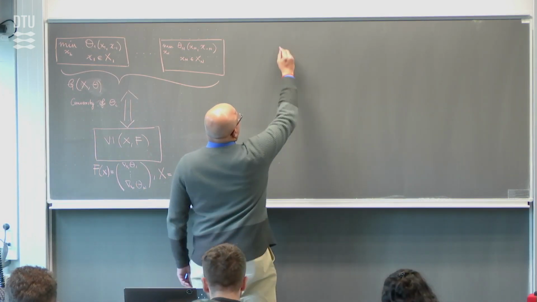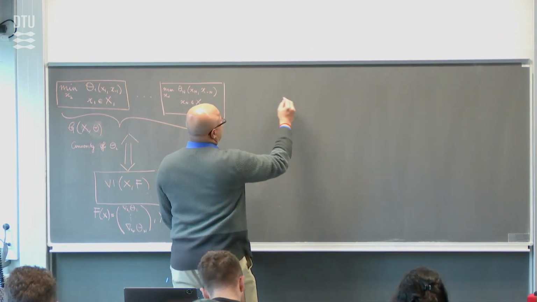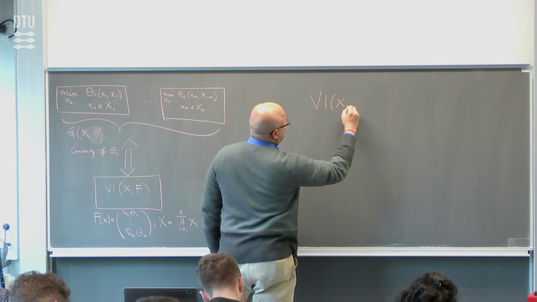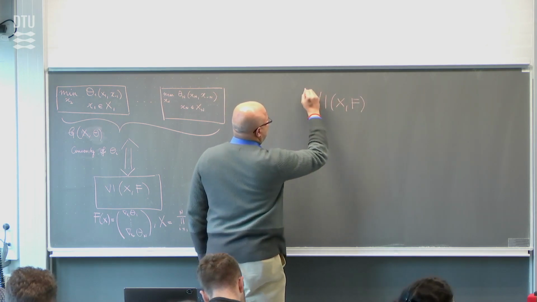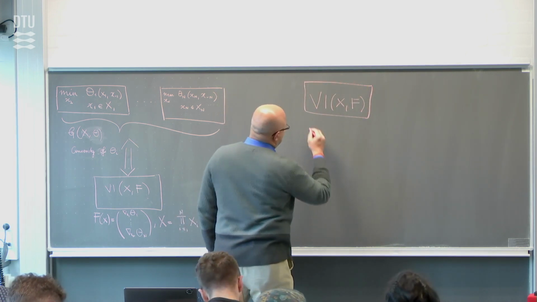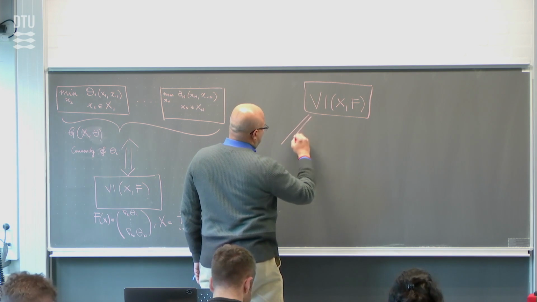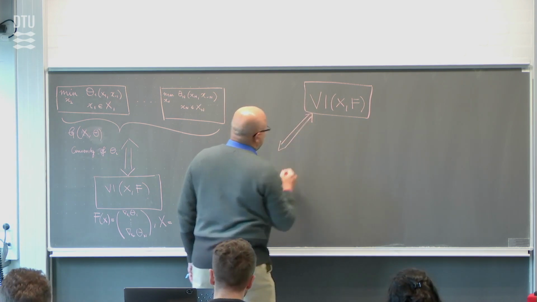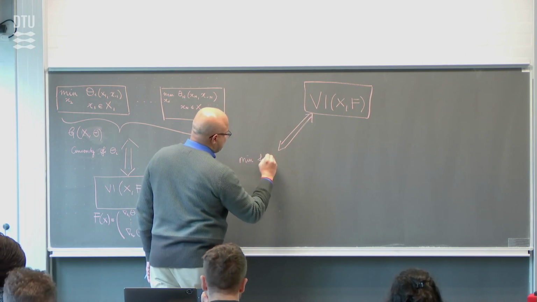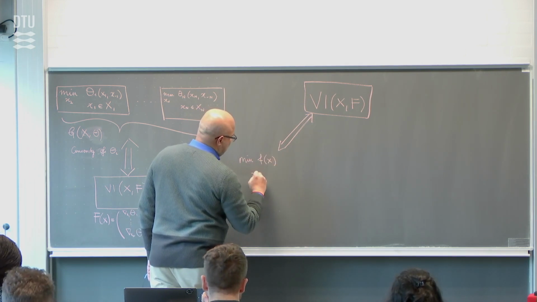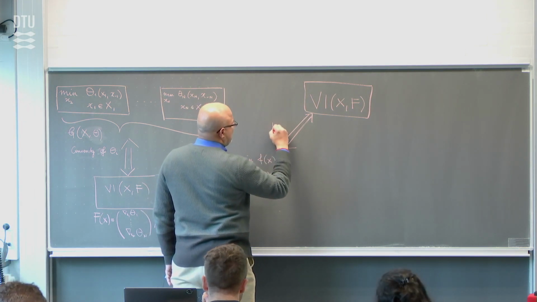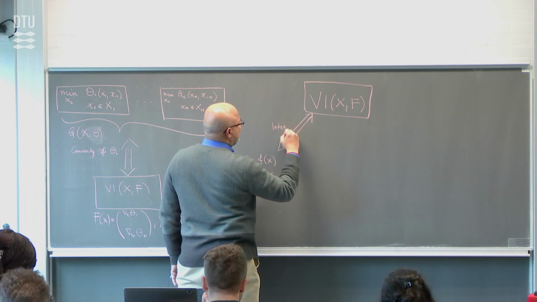Now, if you look at VI(X, F), this problem, under some conditions, it's equivalent to some other problem, minimize f of x over x in X. And this is under the observation of integrability.